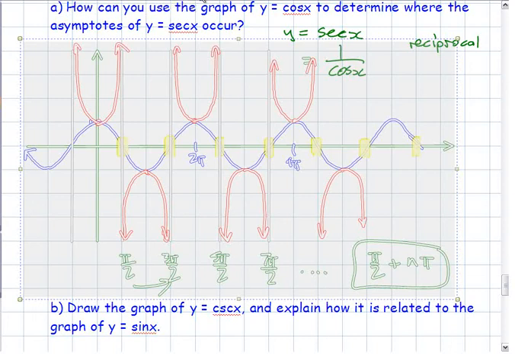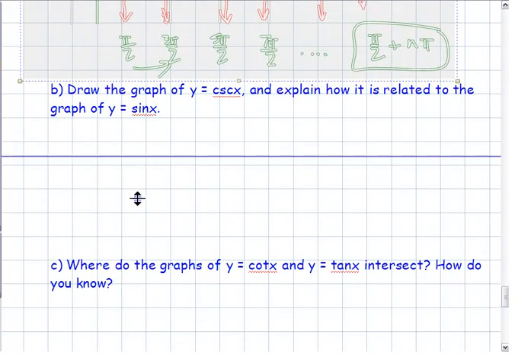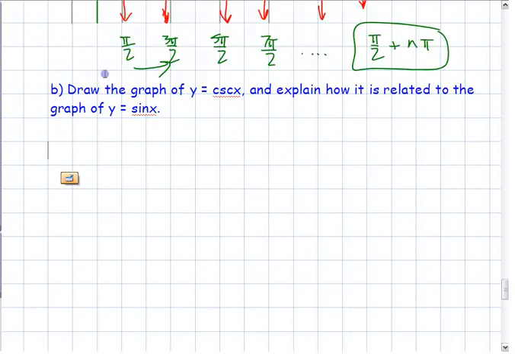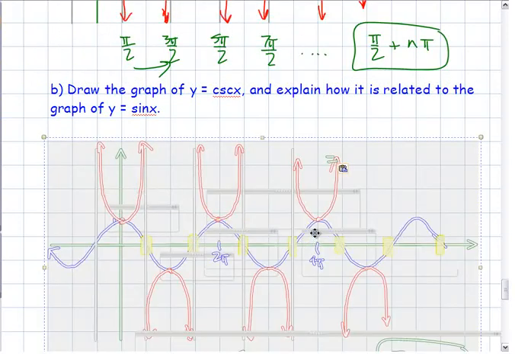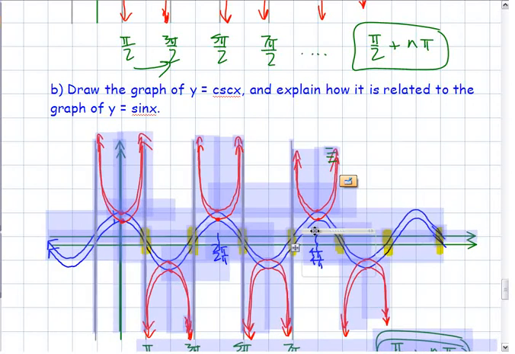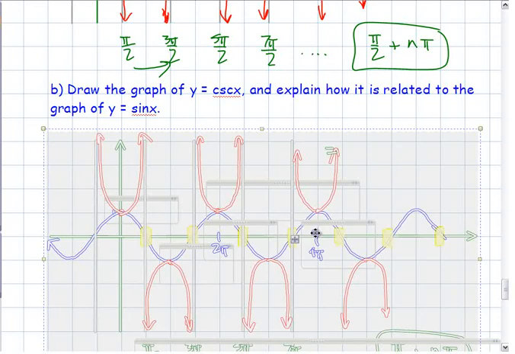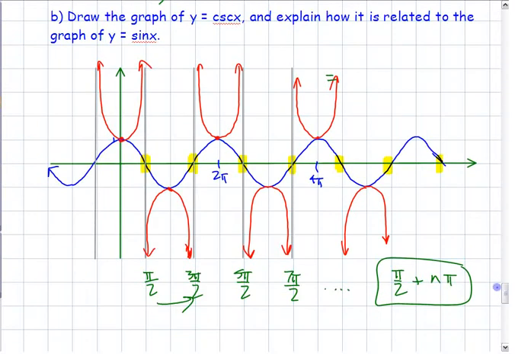We'll copy that, and we're going to put it down here, make lots of space for it. Now that's the graph of secant. To make it the graph of cosecant, the reciprocal of sine.